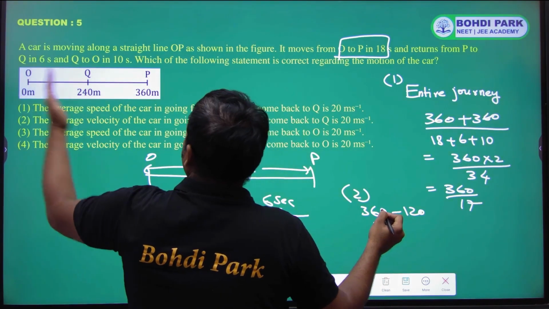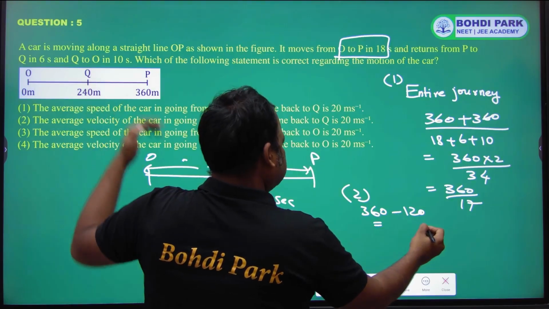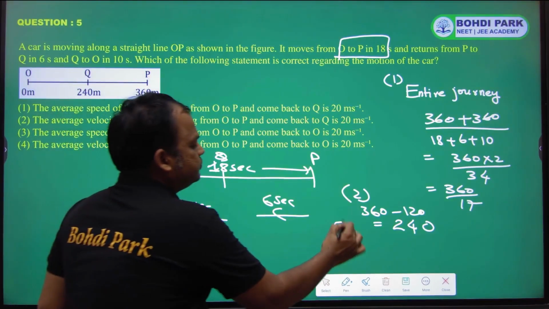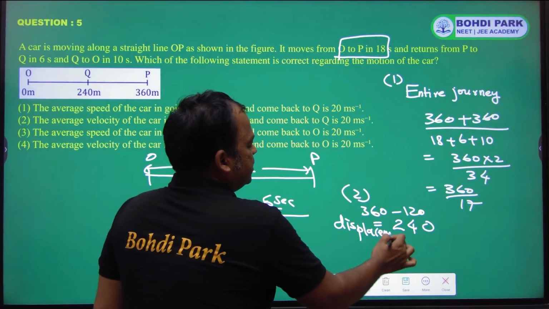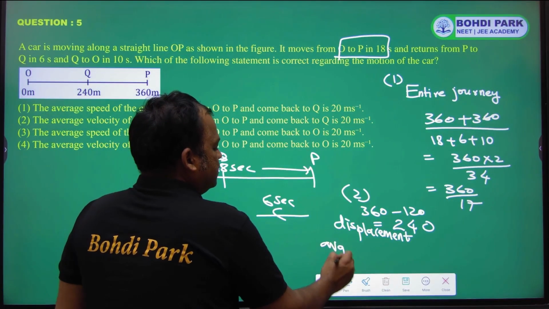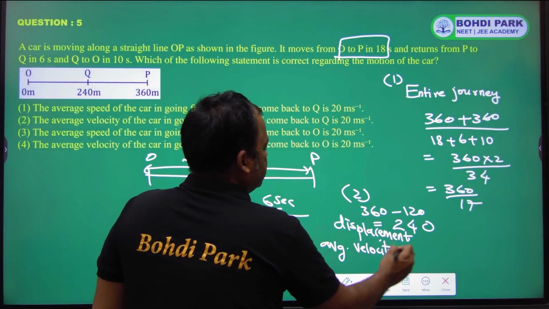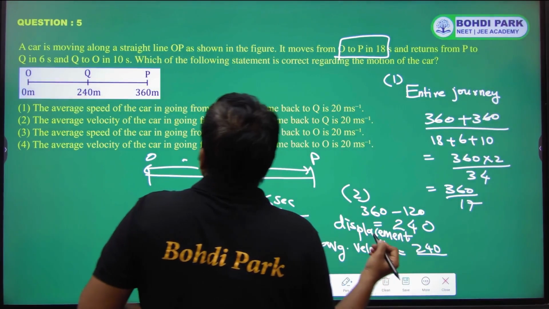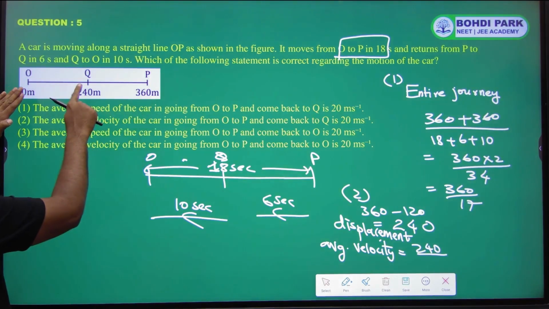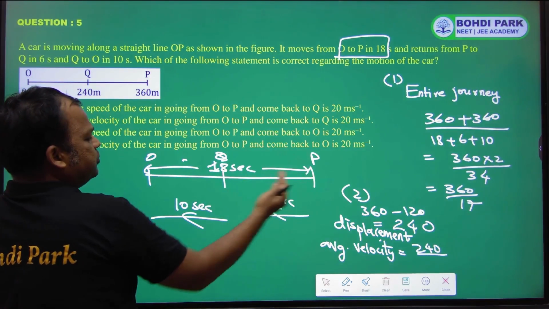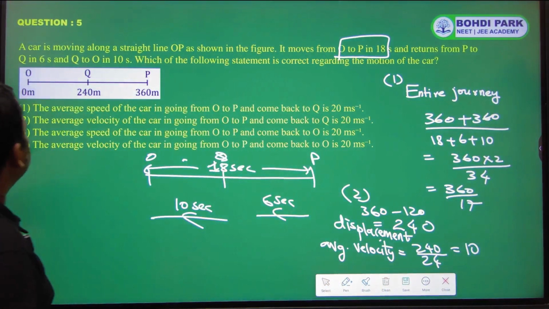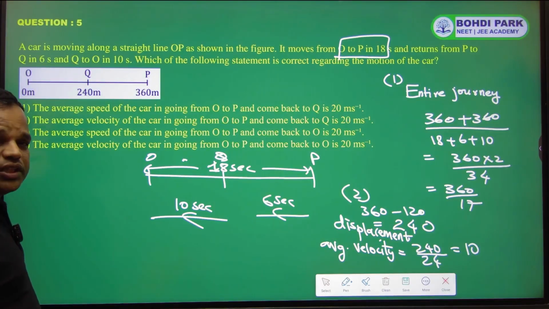So displacement O to P and P to Q is 240 meter. Now divide this by the time taken to get average velocity, displacement by time. So 240 by time taken. Time taken O to P is 18, P to Q is 6, so 24. So this is 10. So the second option is also wrong.